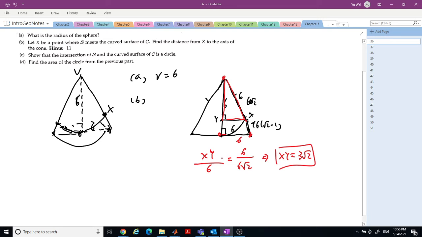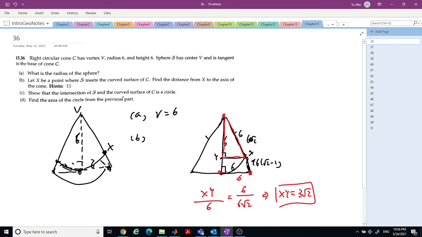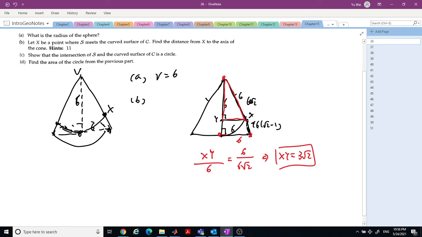Okay, then the C is the intersection of the S and the curved surface. So by symmetry, you can see any point on the cone at this height is symmetric, right? It's the same height.